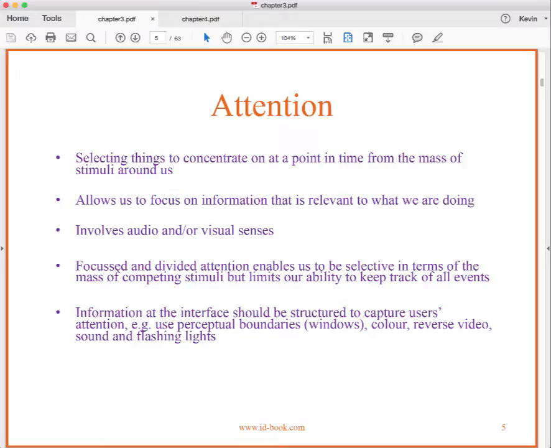It's particularly stimulating in terms of the amount of information technology enabled stimuli that come to us. And so getting the attention of the user is something that has become a very big issue. So attention allows us to focus on information that's relevant to what we're doing.